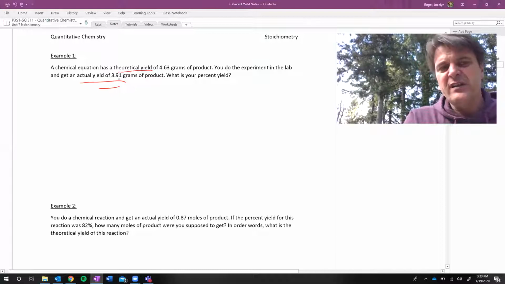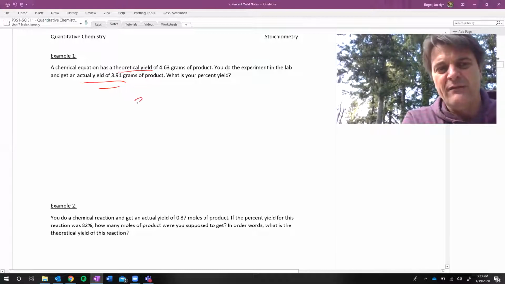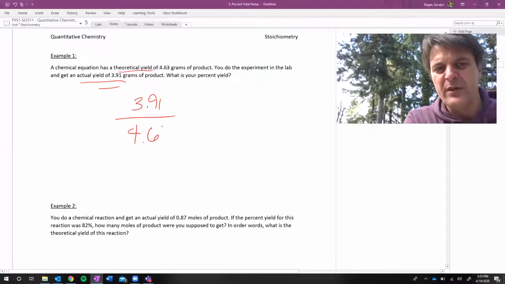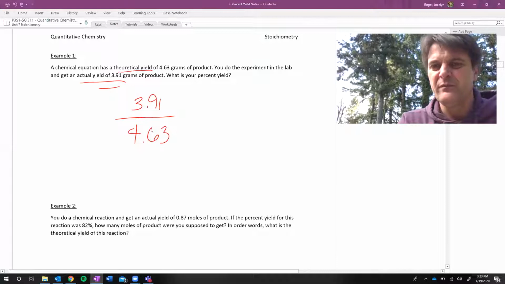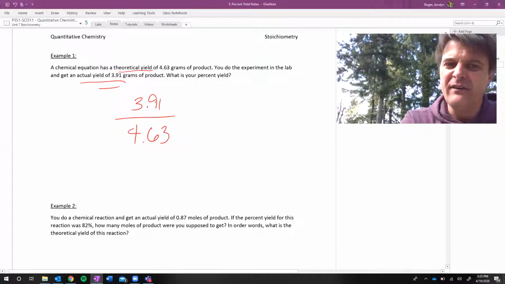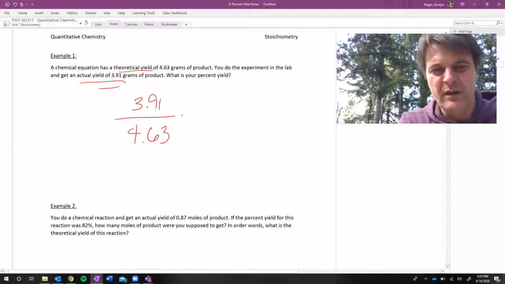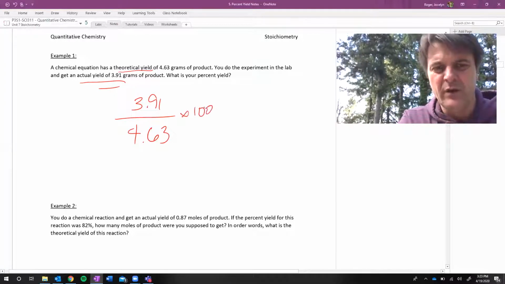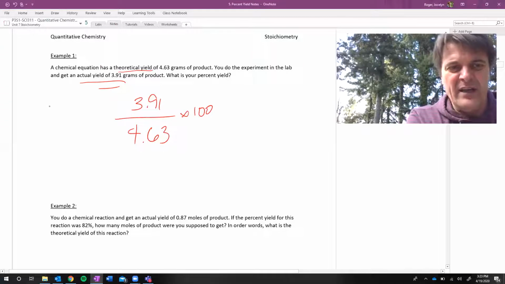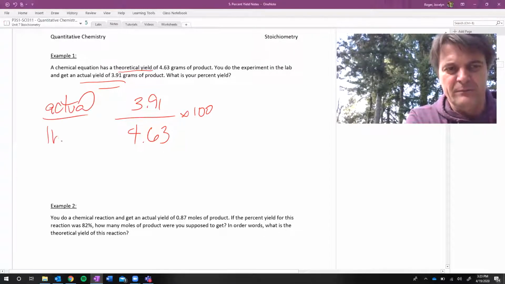Essentially what this is telling you is that you have 3.91 out of a possible 4.63. Just like a score of 85 over a possible 100%, times 100. It's always actual over theoretical.